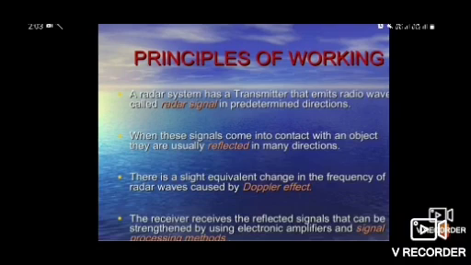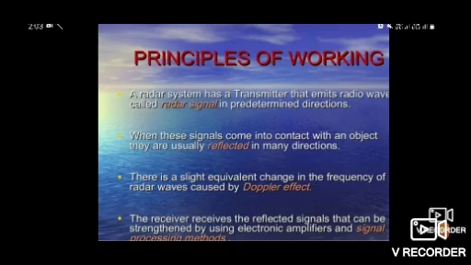Whenever the receiver is tuned to some frequency of signals, only the signals reflected back towards our receiver can be received by it. That is the main intention of reflected signals. And here we have the Doppler effect.